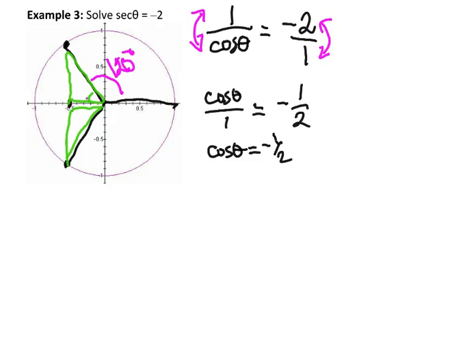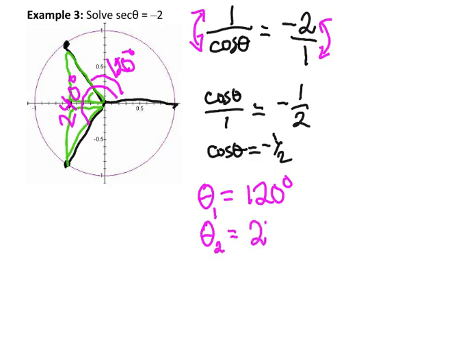So that would be 60 shy of 180, right? And then this one here is 180 plus 60, so that would be 240 degrees there. So there's actually two answers here between 0 and 360 degrees. Theta would equal 120, and theta would also equal 240 degrees.